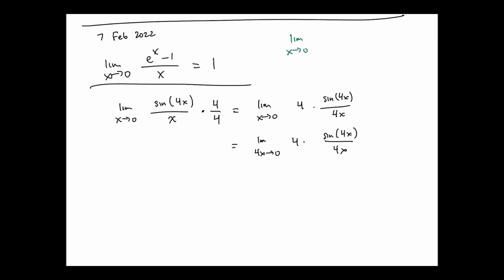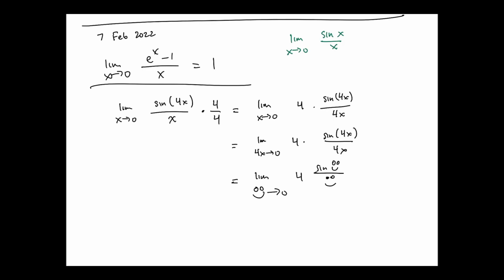Now, what I want you to realize is, let me up here in green write the other limit, the one that we were starting with. You notice how in the new limit, 4x is playing the role that x did in the one that we just took on faith, right? So 4x, x, smiley face, are they really any different? No. And so I can think of this as the limit as smiley face goes to 0 of 4 sine of smiley face over smiley face.